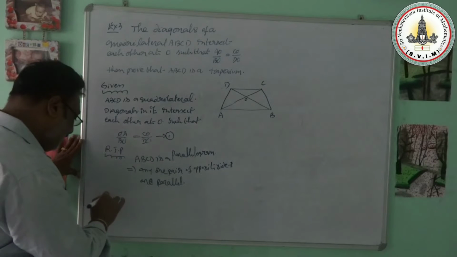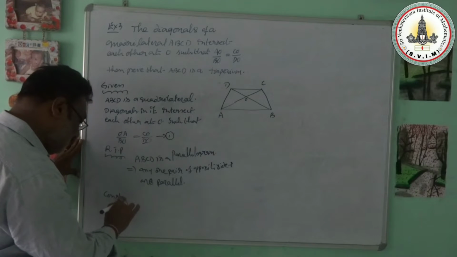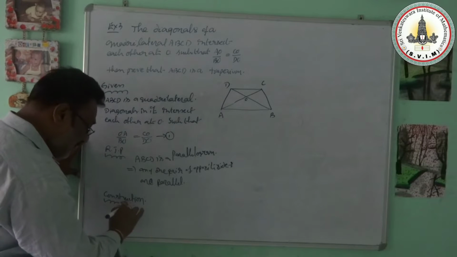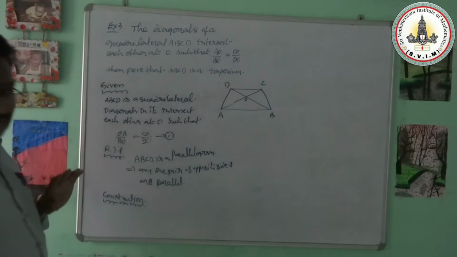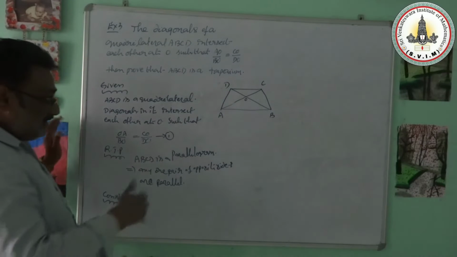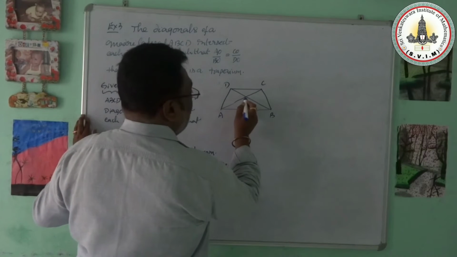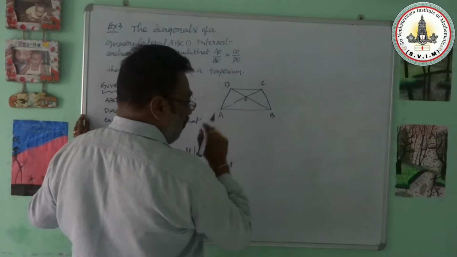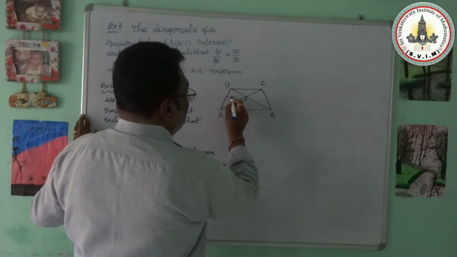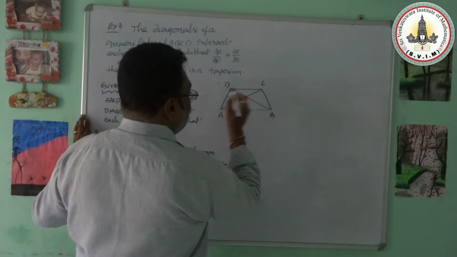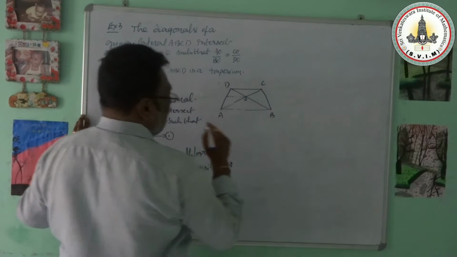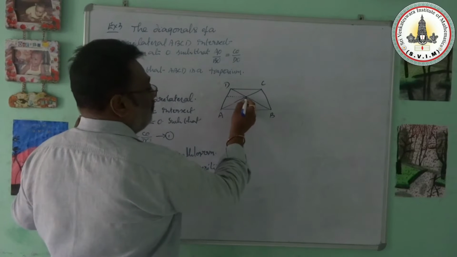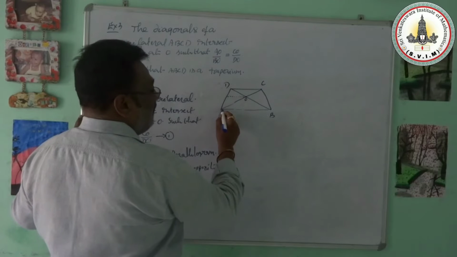That's all. Next, here construction. Additionally, some information you need to assume here to complete the proof. What is that additional information? Now listen to me. From O, the intersection point of the 2 diagonals, you need to draw one line segment. The line segment which you are going to draw through O is parallel to AB.